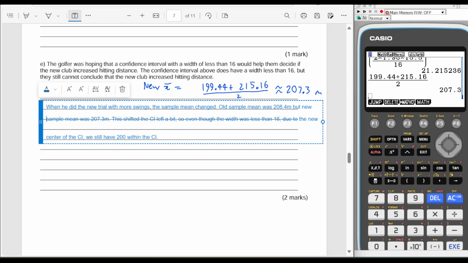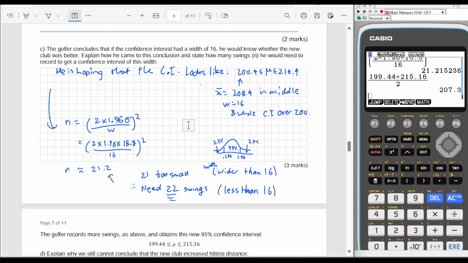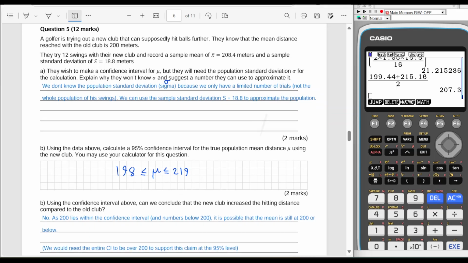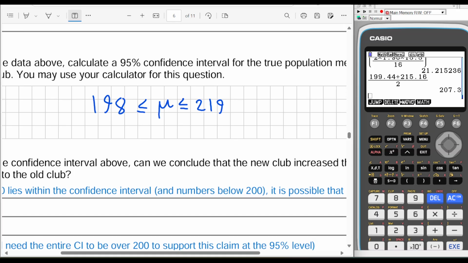If we had this confidence interval like here, we could say, oh yeah, 208.4 is the center. So let's just pretend we did an experiment and got the width to be 1. Then I could have my confidence interval being like this, and I'd get a really good idea of what it is.